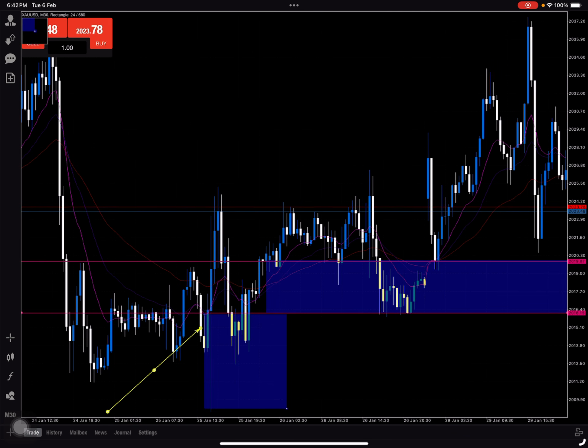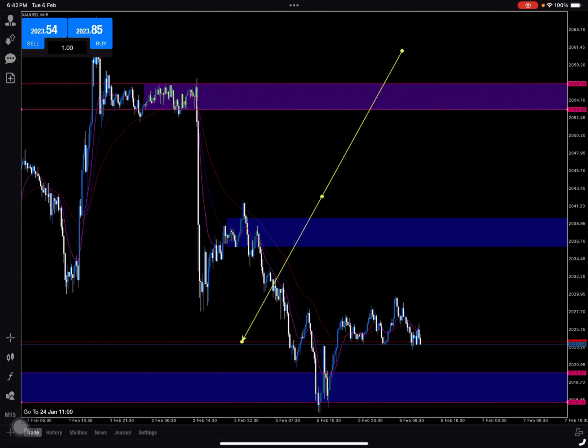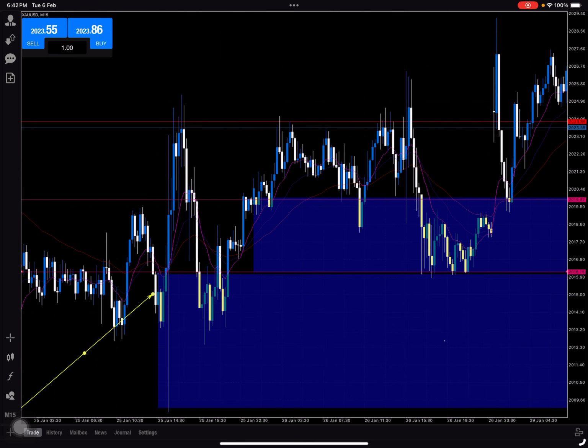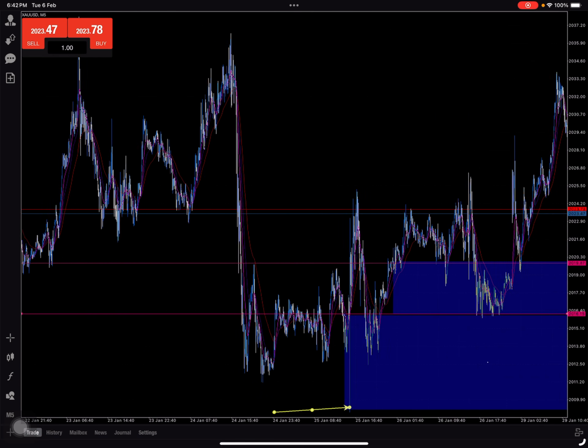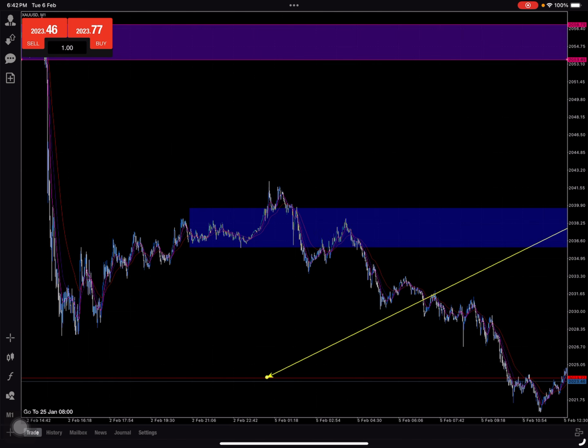So when I take this, this is where we go deeper to M15. Once I go deeper, do I find anything? No, it's still the wick. So I have to go deeper to M5. Do I find anything? No, still the wick. So I have to go deeper to M1.